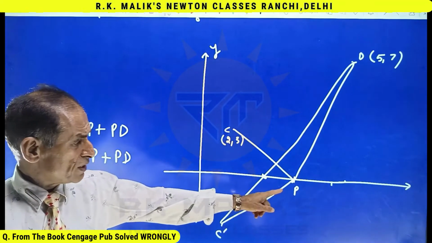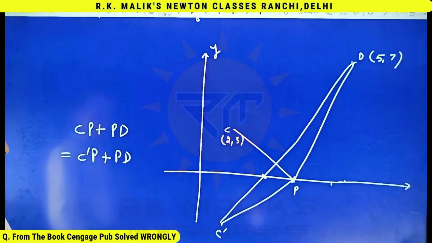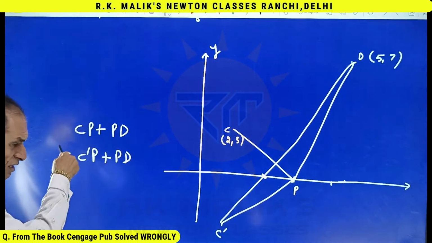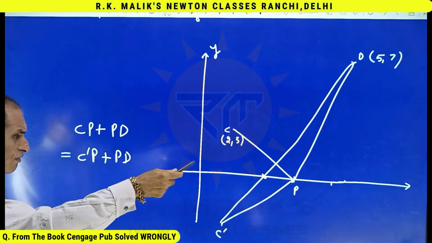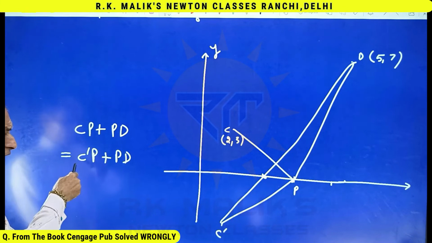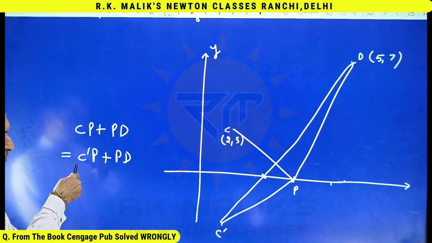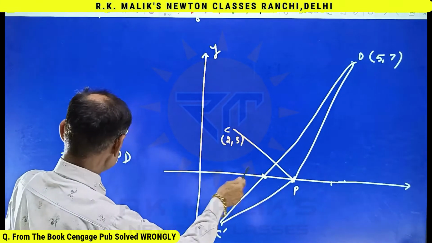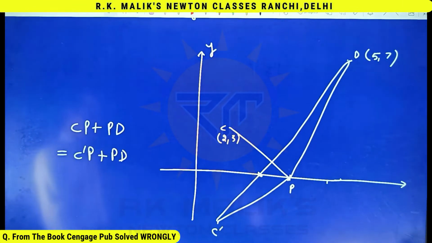That is, when the point P reaches here, at that time this will be least. And wherever P moves, CP is always equal to C dash P. Therefore, for this position, CP plus PD will also be least.